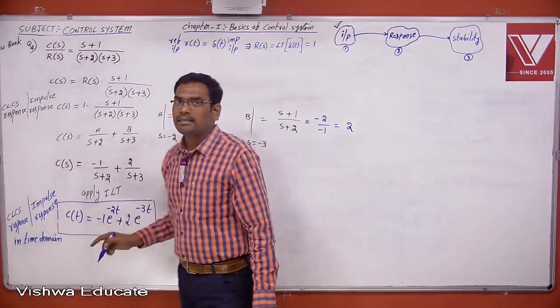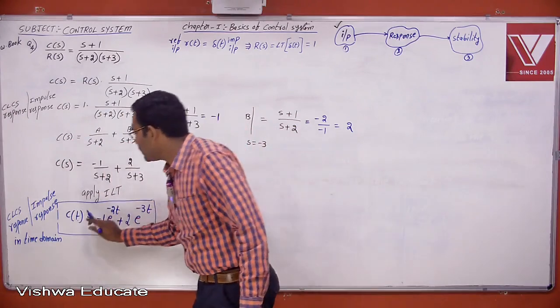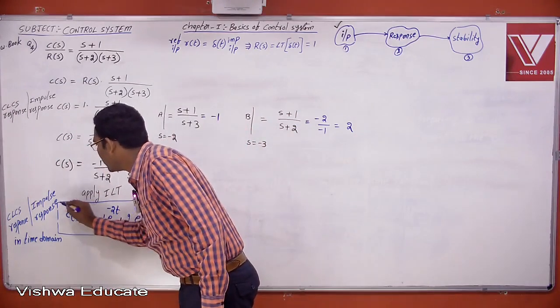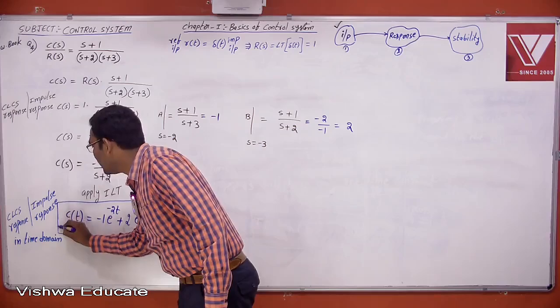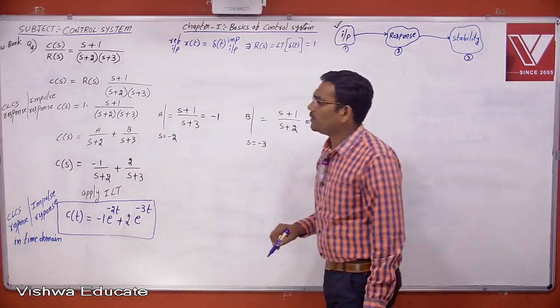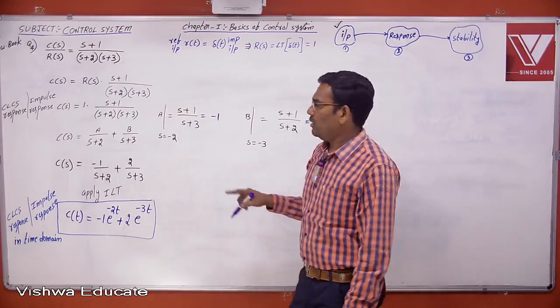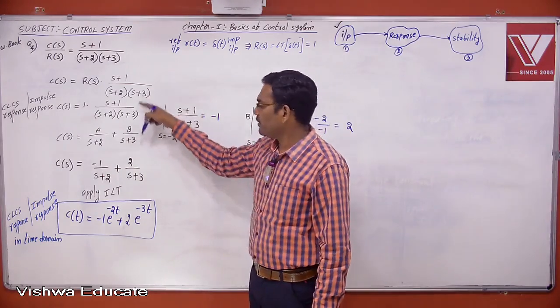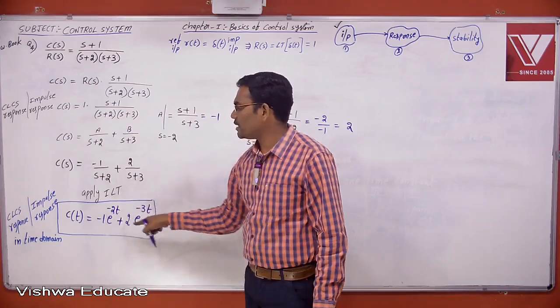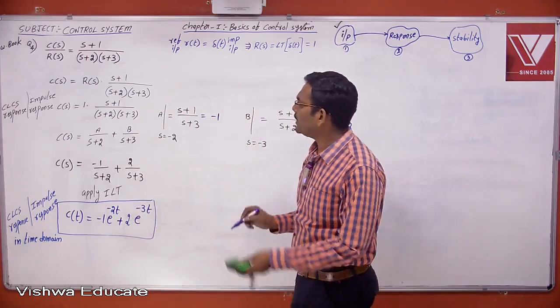Now see here, this is the impulse response in time domain, because what he is asking is, draw the response in time domain. Before we draw the response, first we see the response in time domain. This is the response in time domain. Now you can easily draw the response.